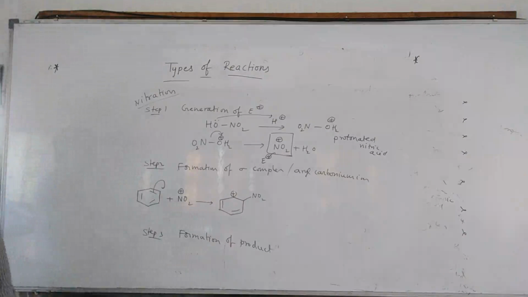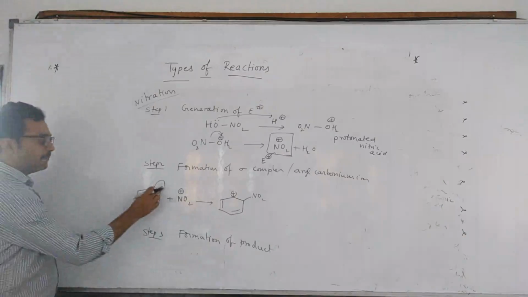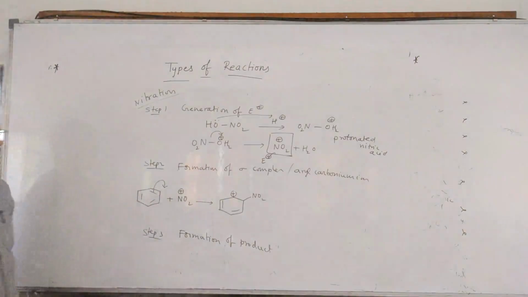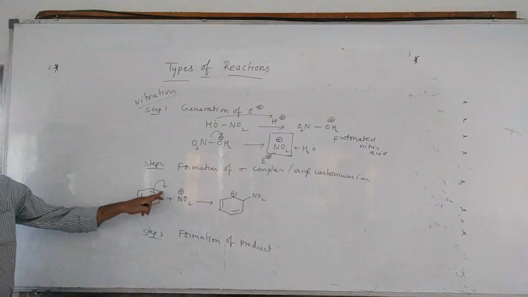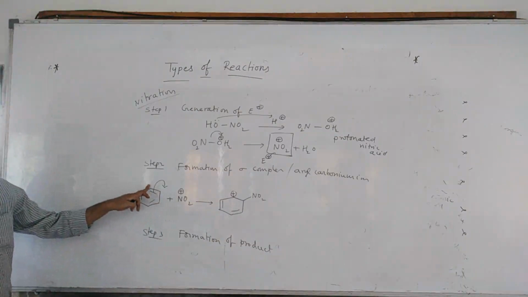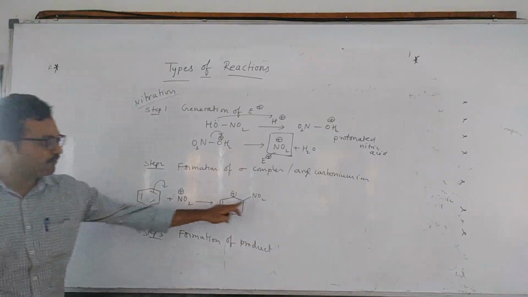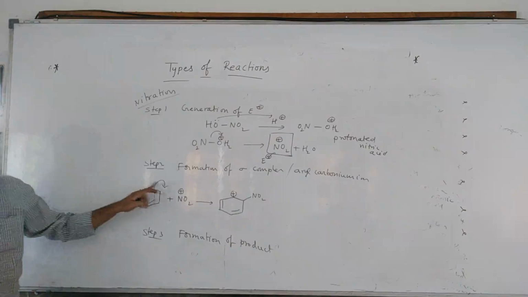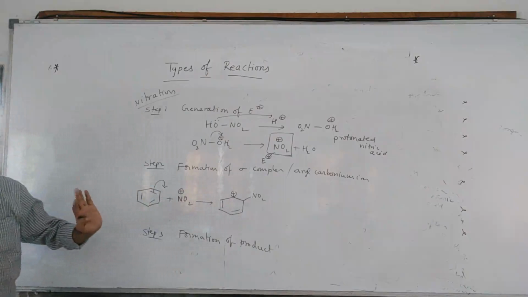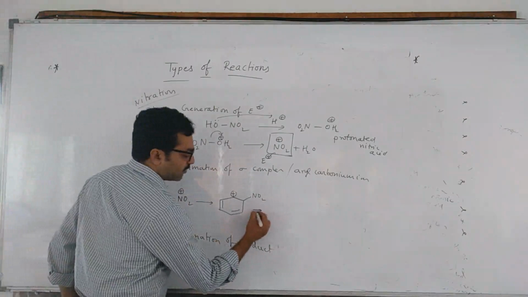This is called formation of aryl carbonium ion. Whenever I am migrating a bond, head is negative, tail is positive. That negative charge and NO2 will form a bond, and the positive charge will remain as it is. Understand? So now you know the resonance forms.